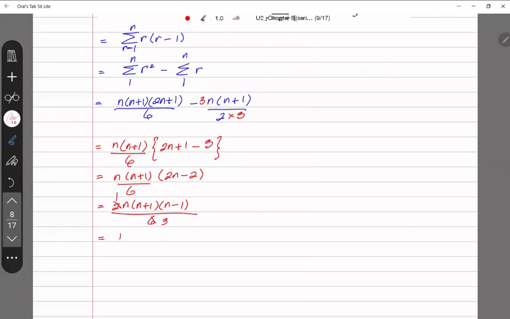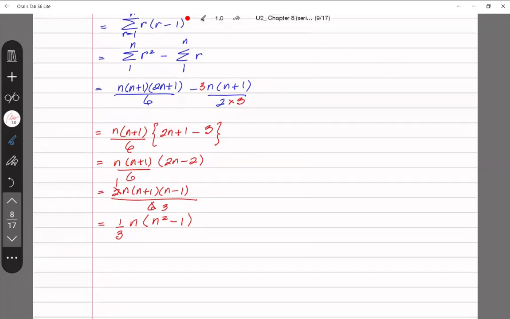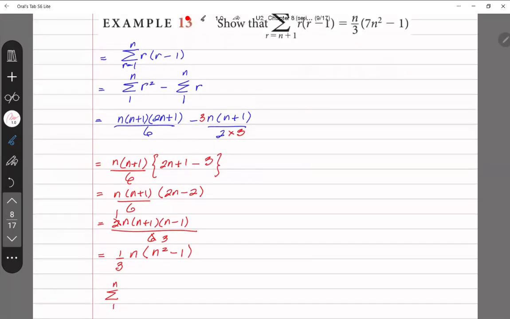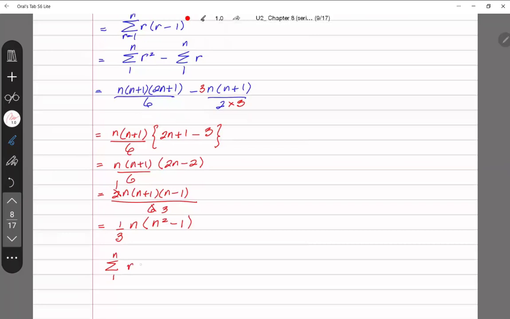So now I have 1/3 n into n squared minus 1. Whenever you multiply the sum and the difference of the same two terms, the answer is the difference of the square of what? Both terms. Everybody know that. All right, so this is what from 1 to n of r into r minus 1 is equal to 1/3 n into n squared minus 1.